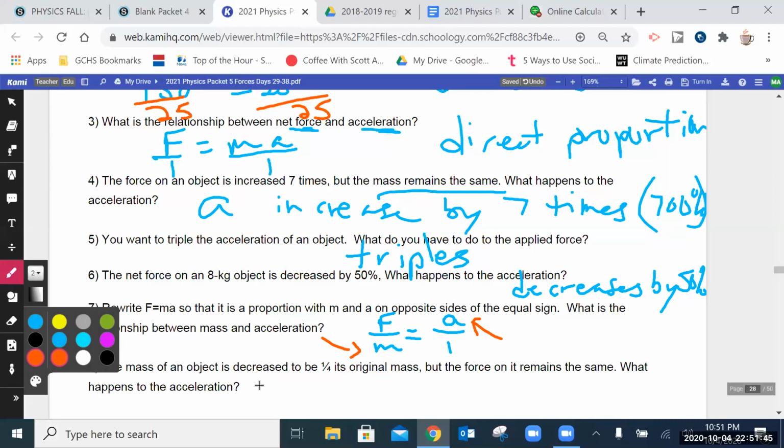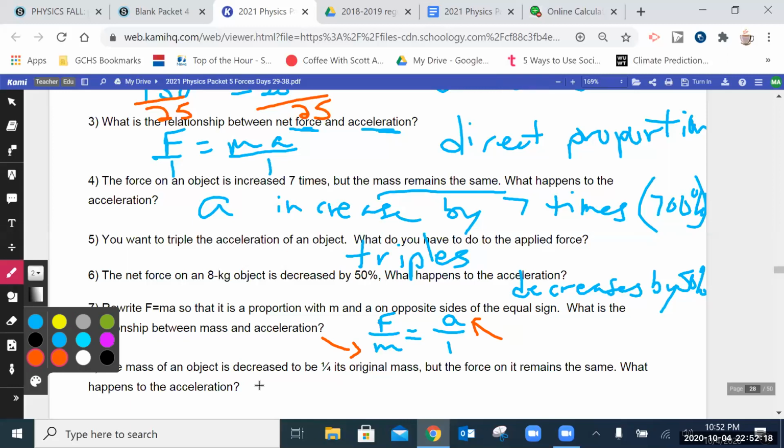Now, why would that be? You think about it. You have a force on a certain truck, and let's say the truck has its bed full of big rocks. And so the engine can make that truck accelerate at a certain rate. It's going to be a little bit slower than normal because it has such a heavy load. The mass of the truck and rocks is so big that the engine can't accelerate very much.